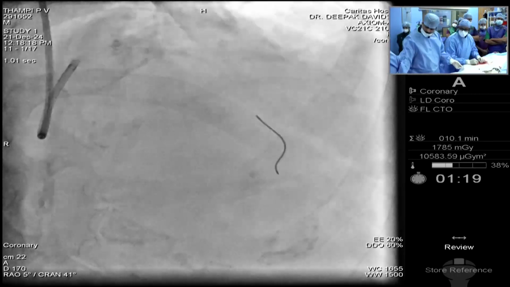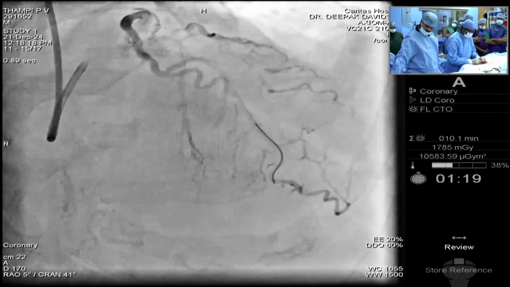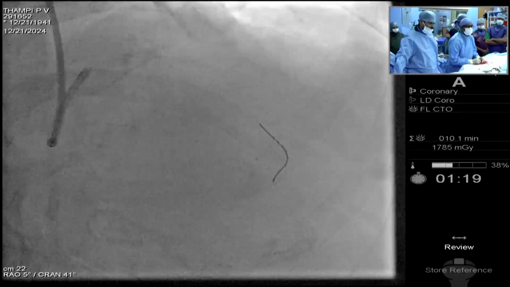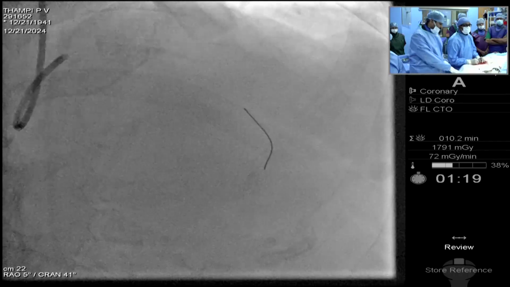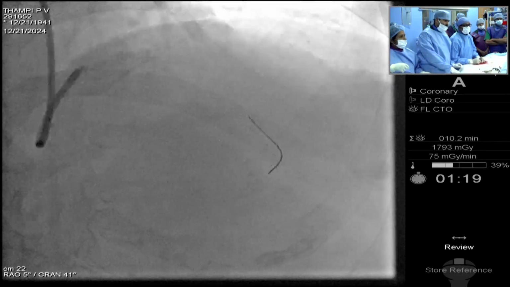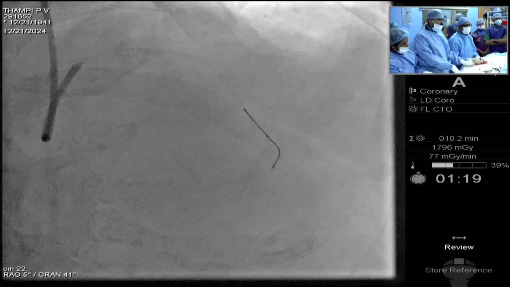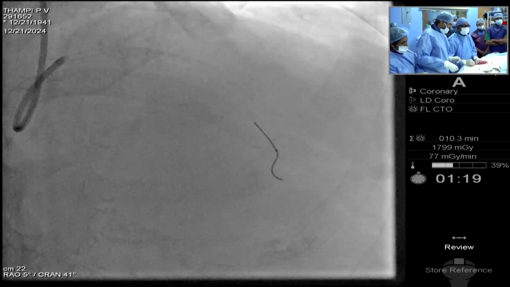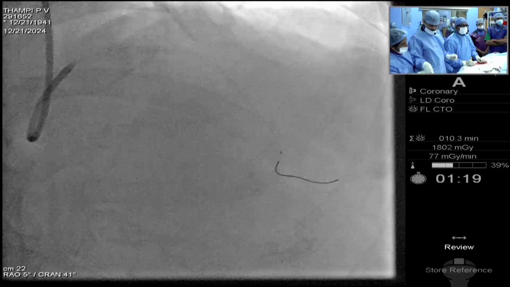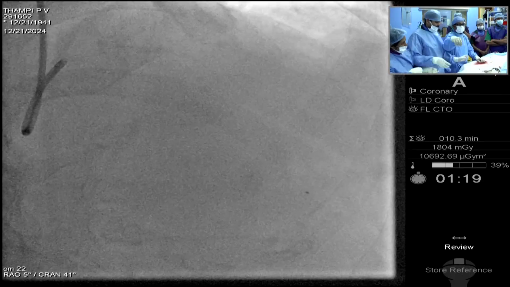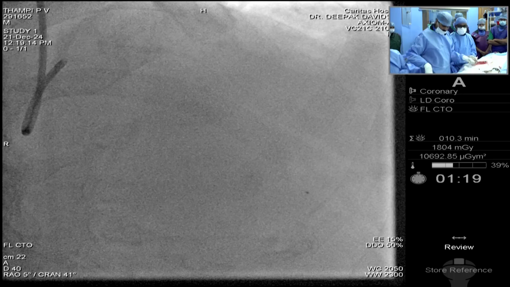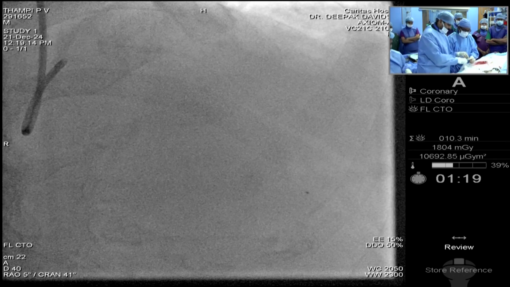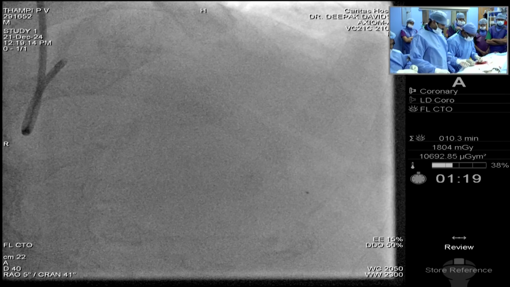We'll hold on to the wire. Now the run through wire. Then the OCT catheter.